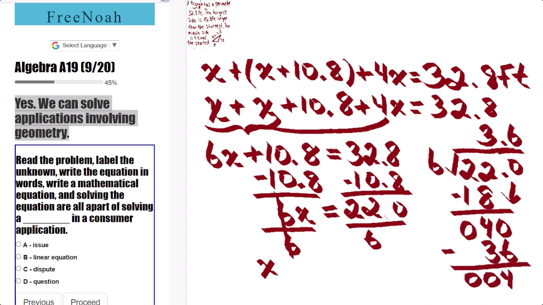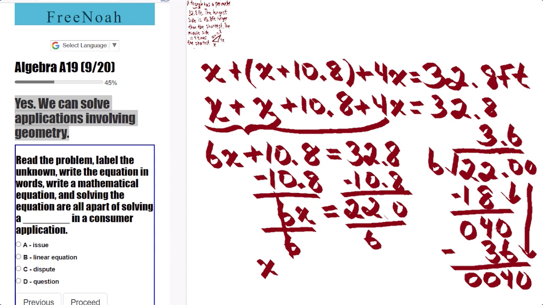That gives us another 36. So we have 6 times 6 giving us 36. Then 40 minus 36 gives us another 4. And then if we drop down another 0 here, we have 6 going into that 40 6 times.